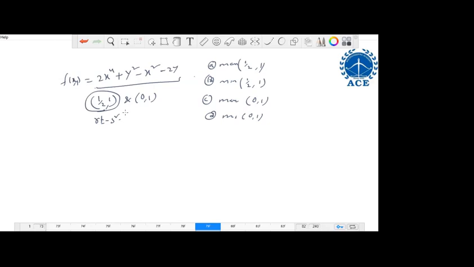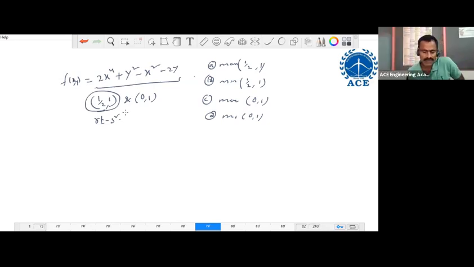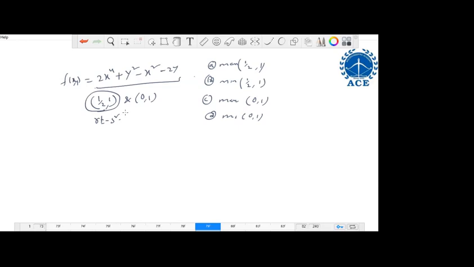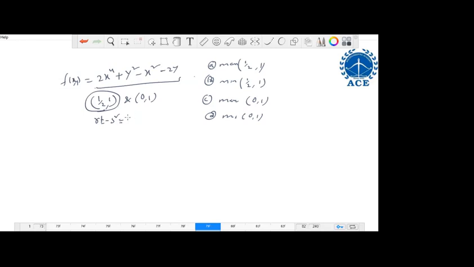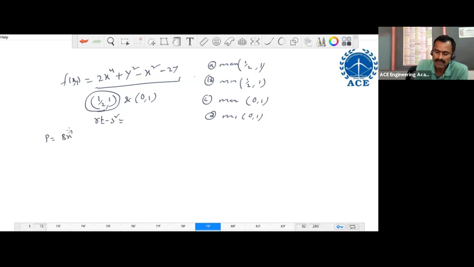Do you have that solution? Yes, sir, I have. What is the RT minus S square value at this point, 1 by 2 comma 1? It is so messed up that I cannot recognize what I have written. P equal to fx, 8x cube minus 2x.